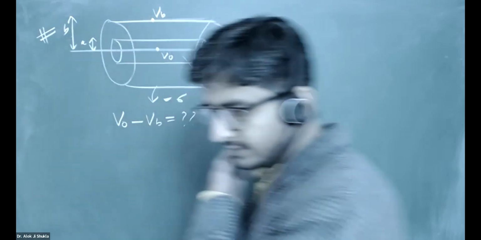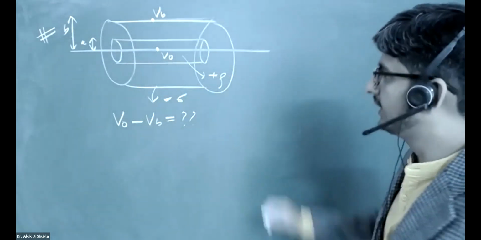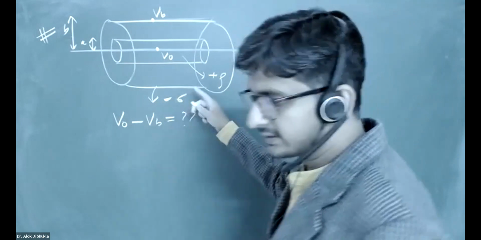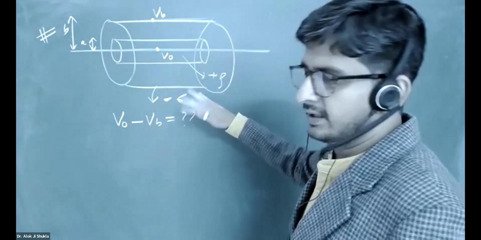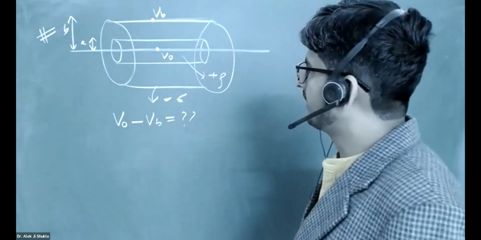Okay, and it is plus rho and minus rho are such that they make each other electrically neutral.